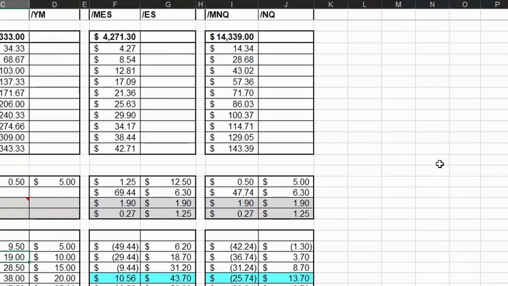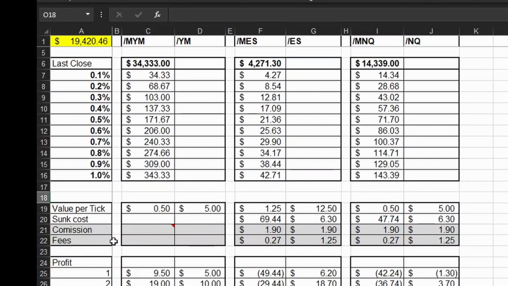All right, now let's go back to this Excel sheet that I created. I have this row here, which I'm calling the sunk cost. Really, the sunk cost is the cost to trade, including the commission and fees. I like to subtract that to really understand how much I'm earning.